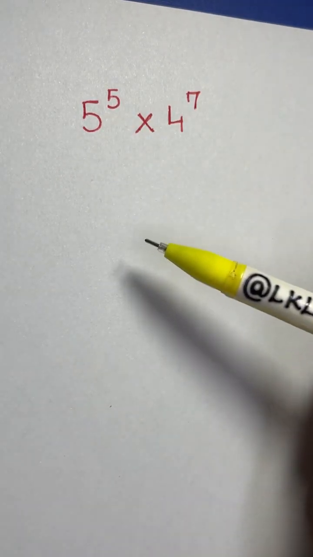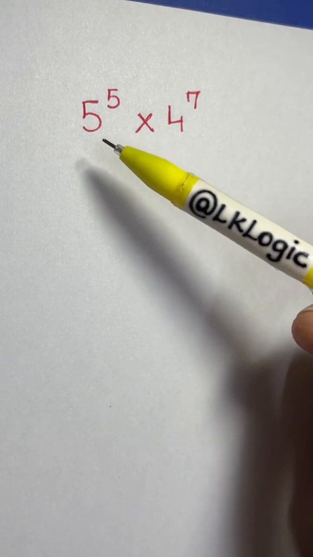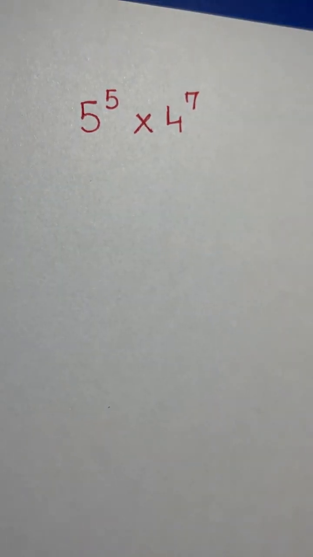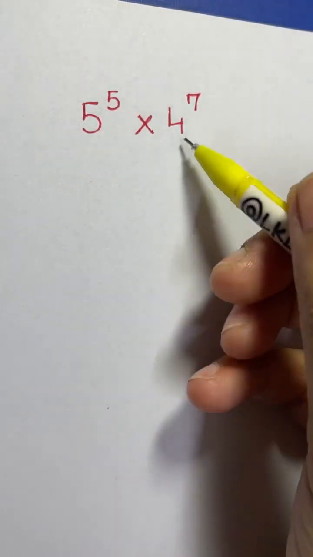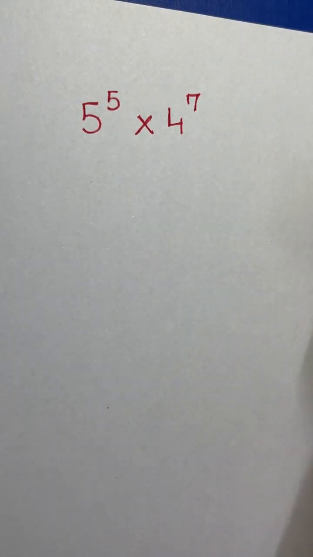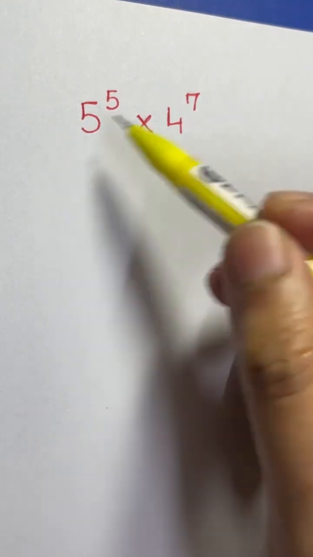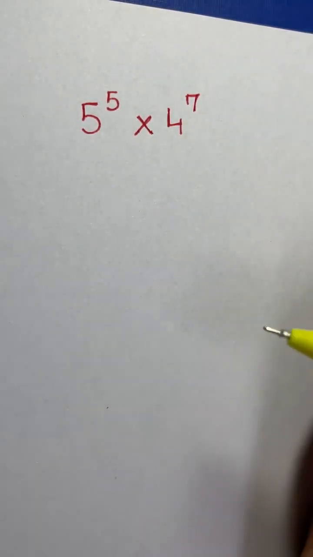There are 2 steps to do this question. The first step, if you pay attention, there are 2 bases here. The first base is 5 and the second base is 4. So my question is, is there any relationship between 5 and 4?